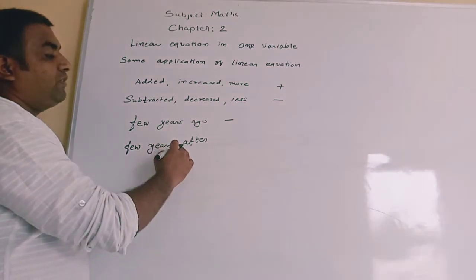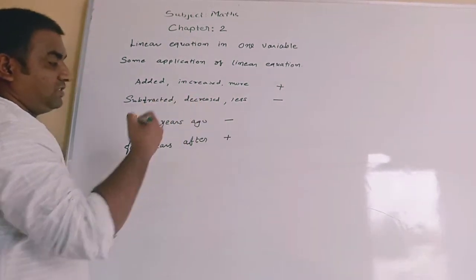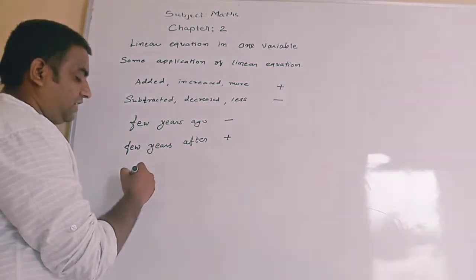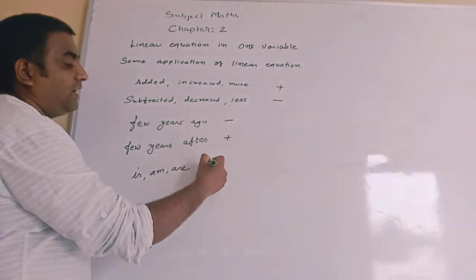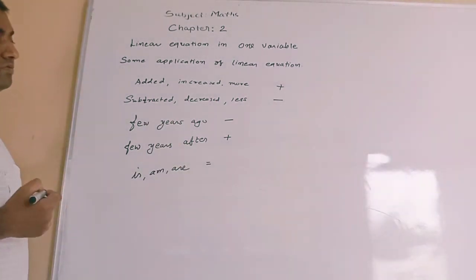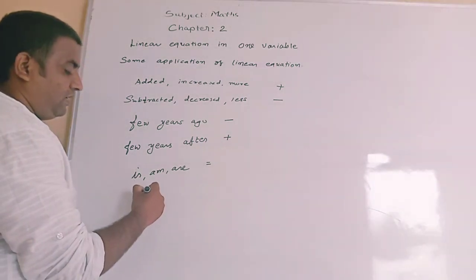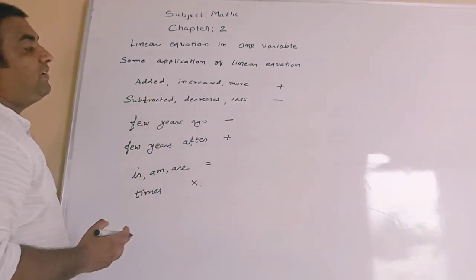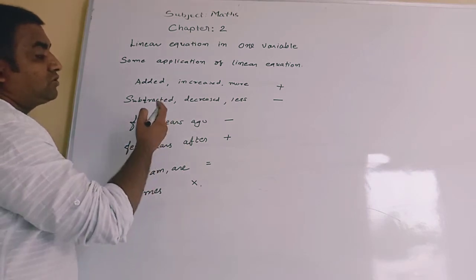In the future we want to go, then we have to add, so we write plus. Now if a 'to be' form is given, then we will write equals. Suppose 'times' is given, then we will use multiply. So like this we will use the keywords in the sums, and we will solve the equation.